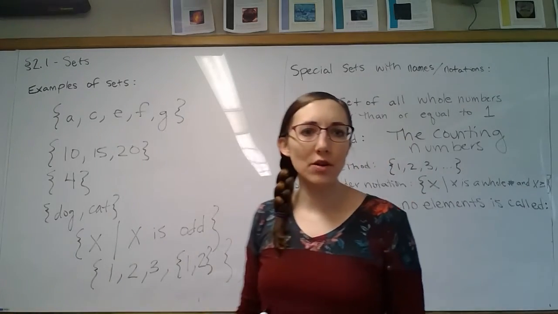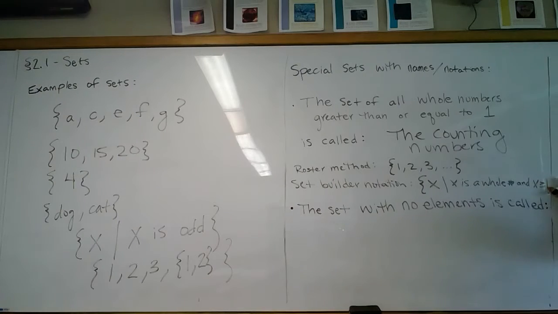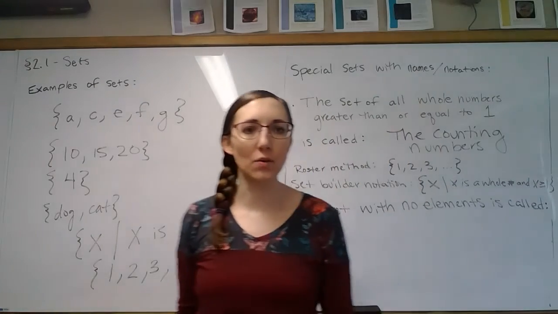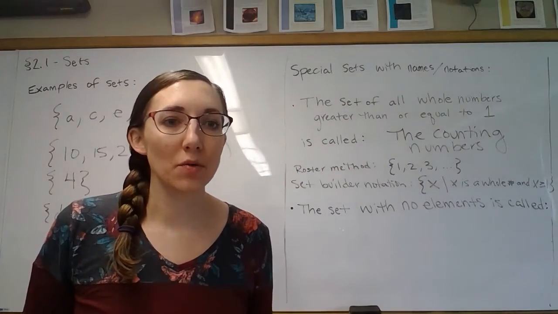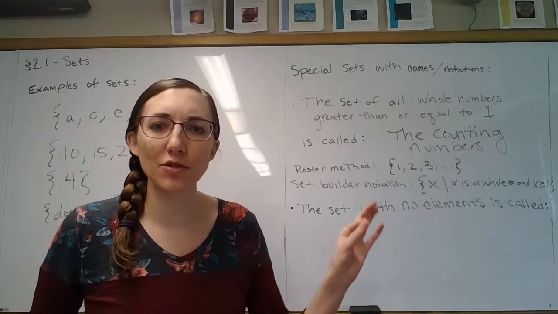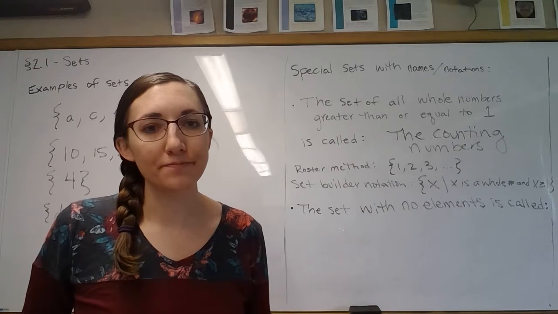Notice when we write this, rather than having to verbally say x is greater than or equal to 1, we could use this symbol greater than or equal to 1. So another thing we'll notice is you get to reference that x multiple times if you want to.